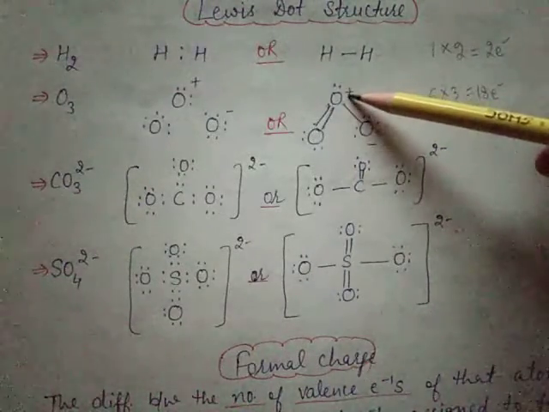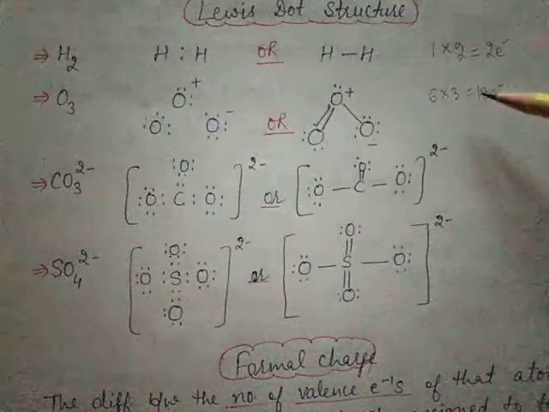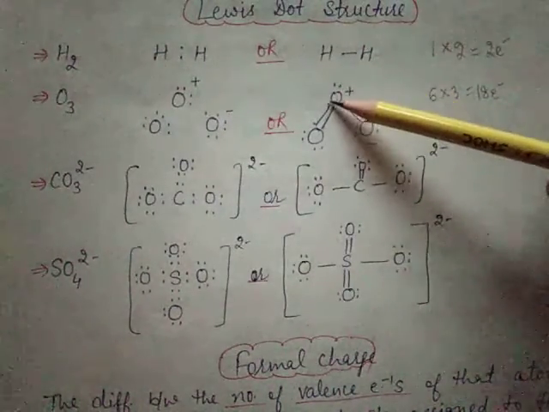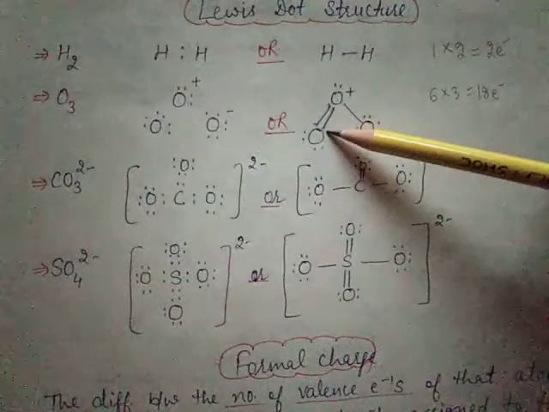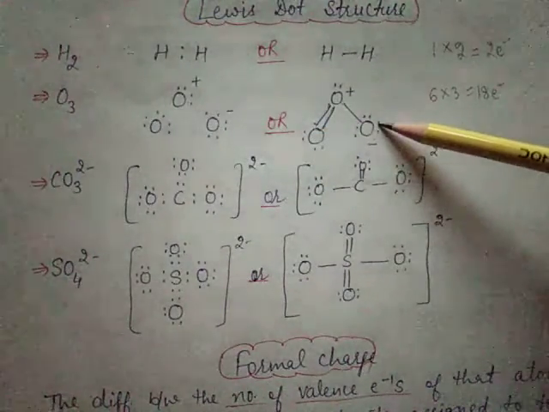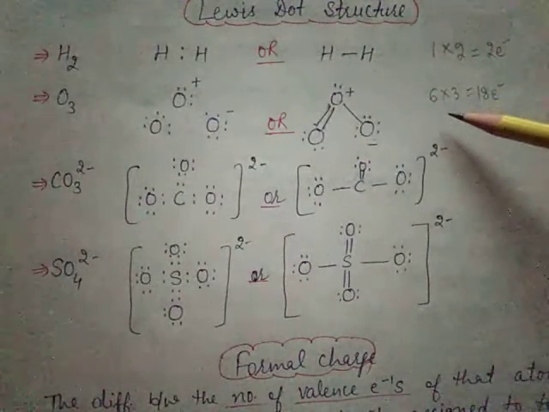So here a positive charge is present and this has a negative charge. Total 18 electrons are present. Count these electrons: 1, 2, 3, up to 18. So this structure is correct.